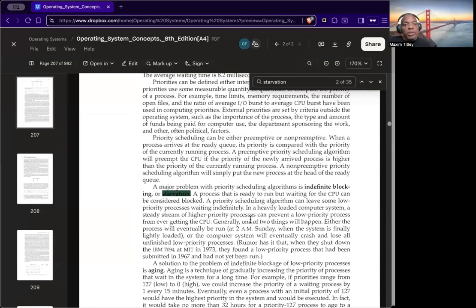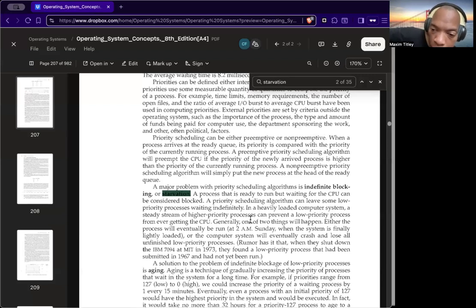Okay, starvation is also known as indefinite blocking. A process that is ready to be run but waiting for the CPU can be considered blocked. All right, so it is a process that continues to wait. Now, priority scheduling algorithm can leave some low priority processes waiting indefinitely.